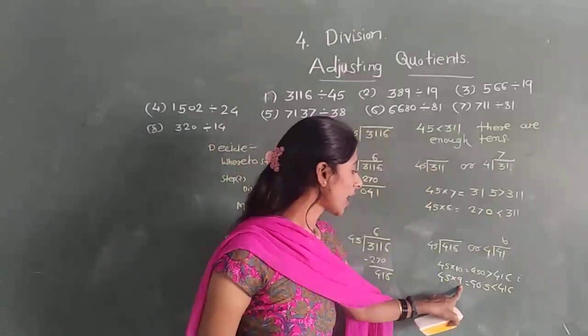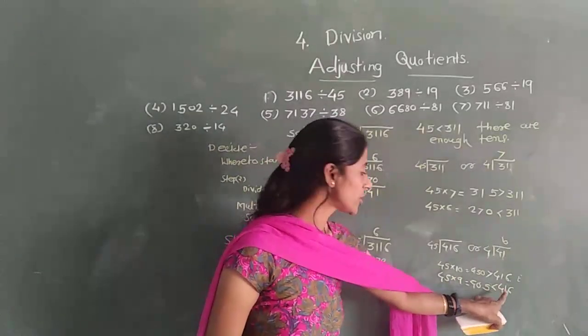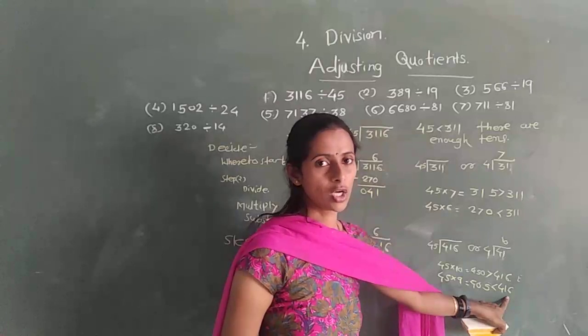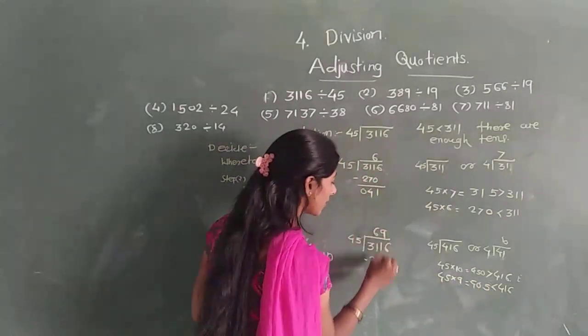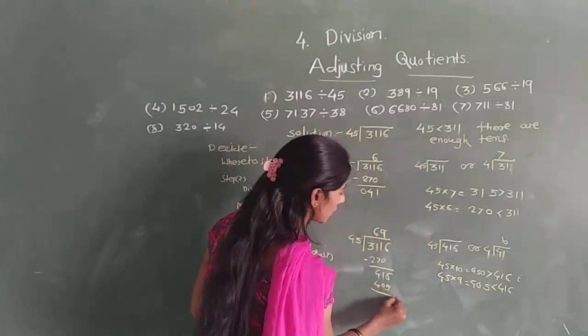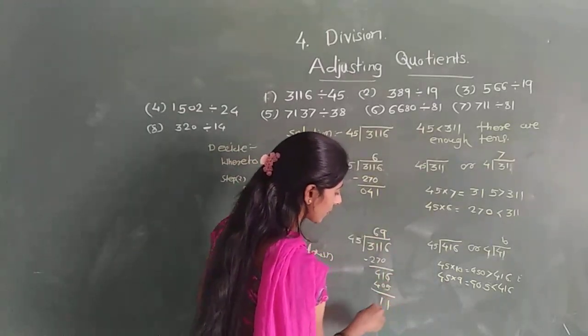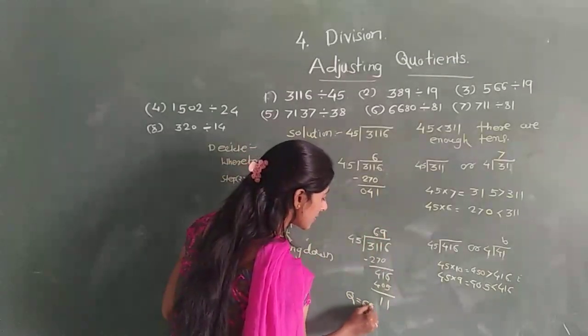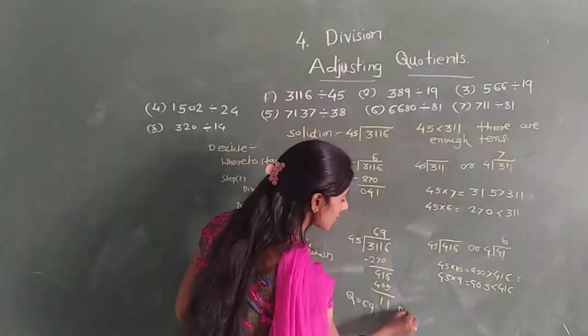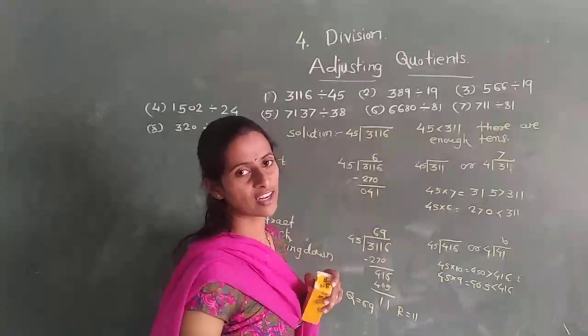So 45 into 9 is 405, which is less than 416. Okay, so the next quotient is 9. 45 9s are 405. 416 minus 405 is 11. Therefore, the quotient is 69 and the remainder is 11. This is your final answer.